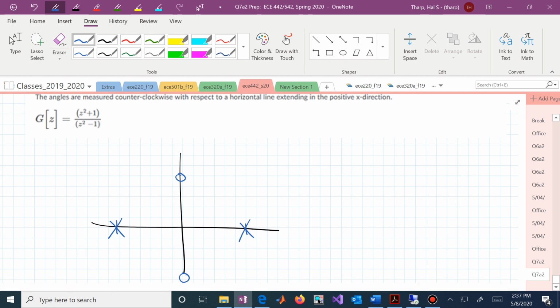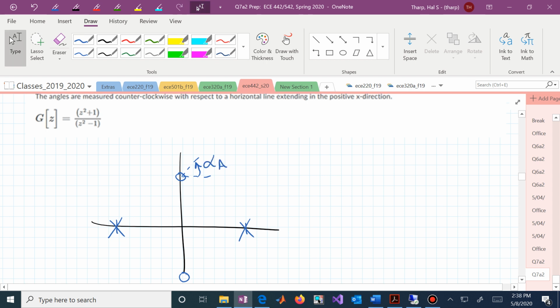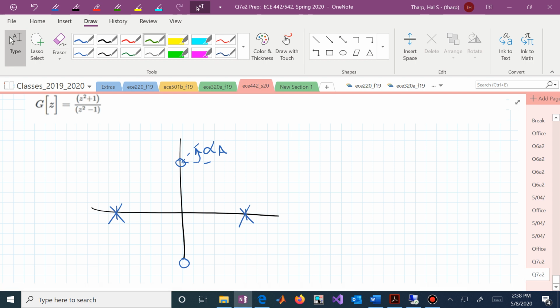We now are trying to determine in what direction the root locus will arrive at this particular 0 in the upper half plane. And what are we calling those? Alpha sub a for arrival. Now we simply do our phase angle condition.